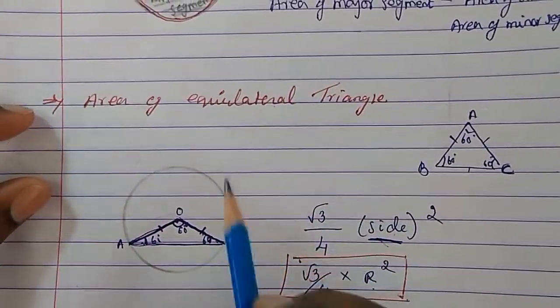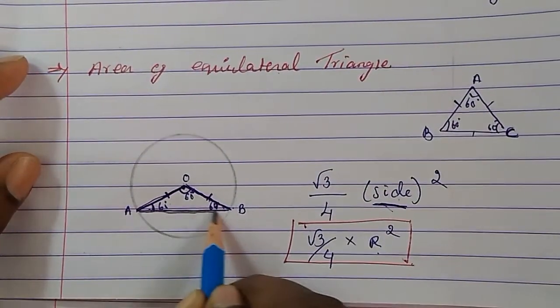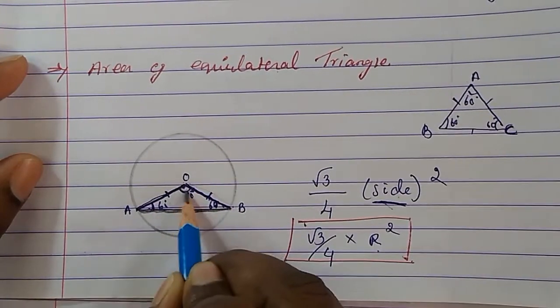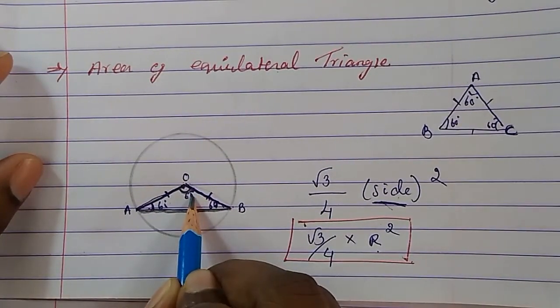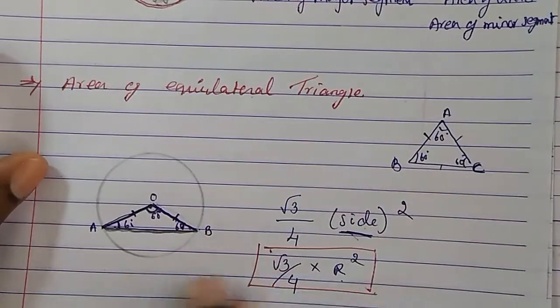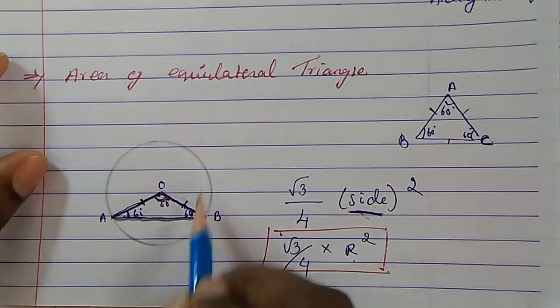Okay. And then also I told you in the introduction part about the area of equilateral triangle, where when a chord is there and it forms at the center, when it subtends 60 degree angle, then the triangle formed will be an equilateral triangle. That also I have explained to you why. Because both sides will be the same, because both are radius of the same circle.